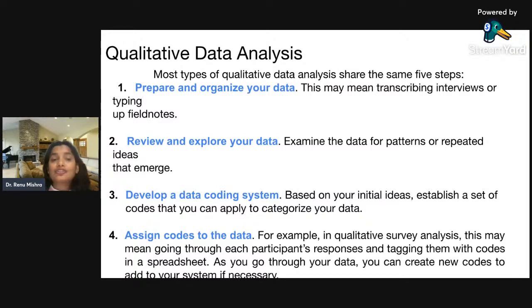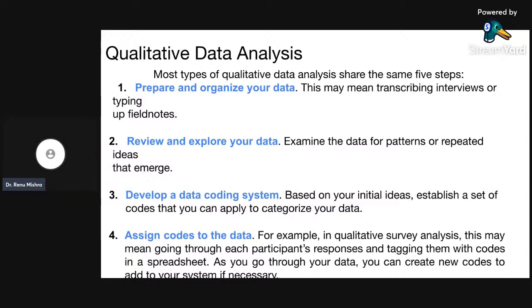Now, how do you actually analyze the qualitative data? Since qualitative data is probably too much in content and detailed, first and foremost it's very important to have proper notes or organization of your data.